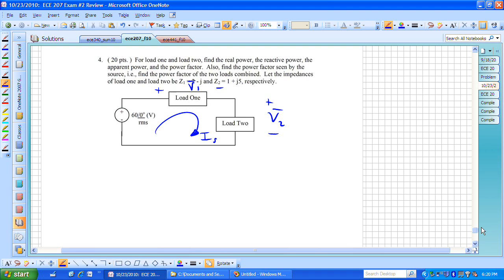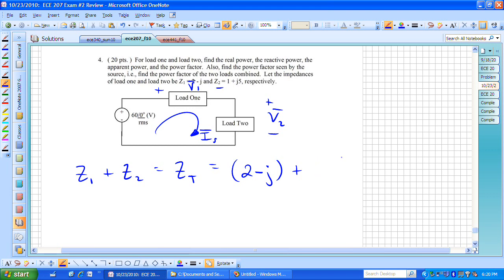Let's then look at finding the current, its phasor form, I sub S bar. To do that, we can combine the two impedances, Z1 and Z sub 2, to obtain a total impedance. The first impedance is 2 minus J. The minus sign is telling us that it's probably capacitive, and it is, in terms of its net effect.